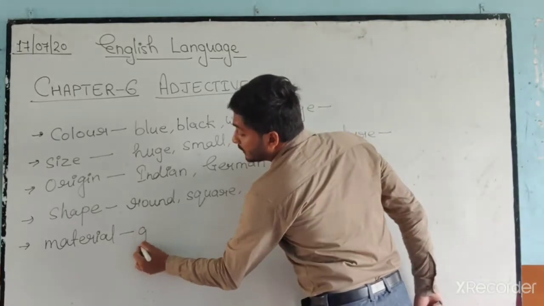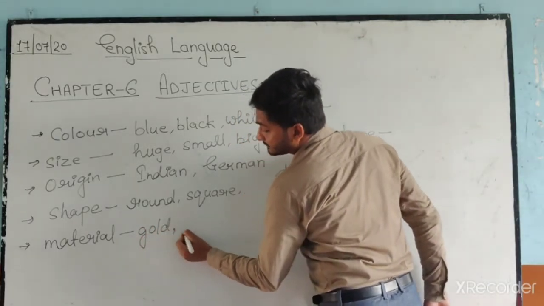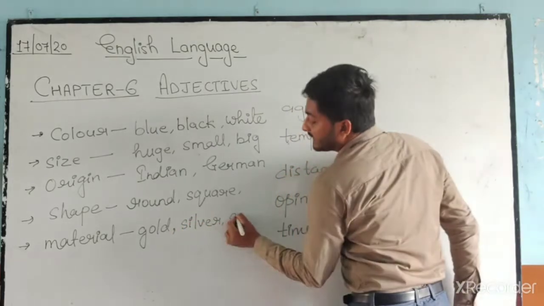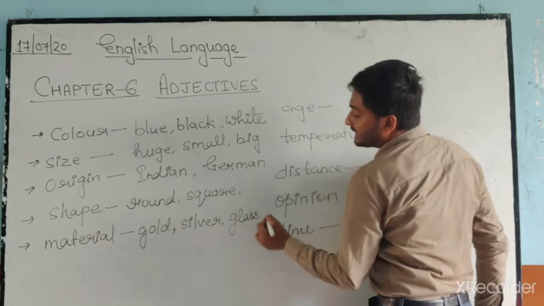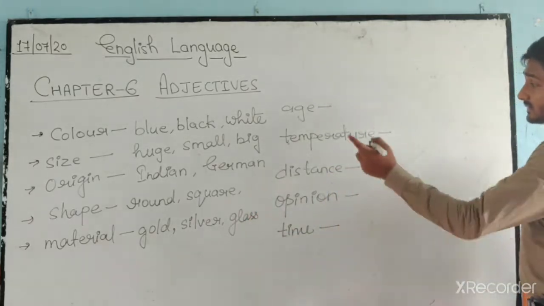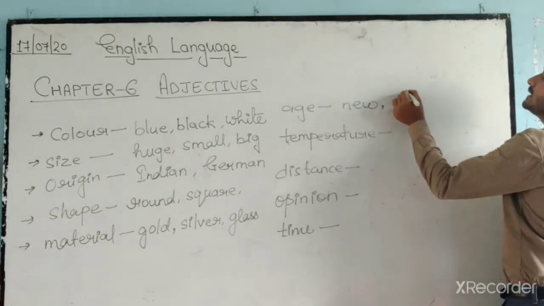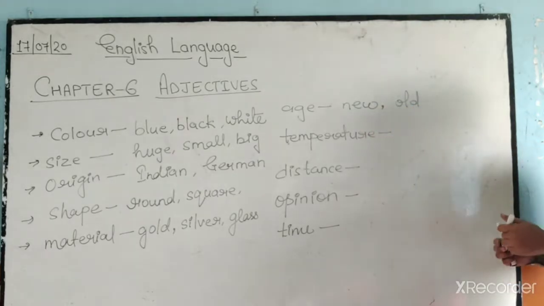Material: she is wearing gold jewelry. I have silver coins. My specs are made of fine glass. Age: I have a new pen. This television is old.